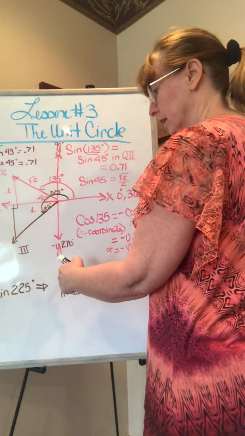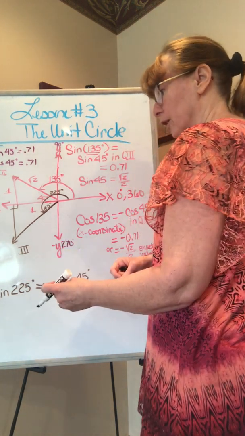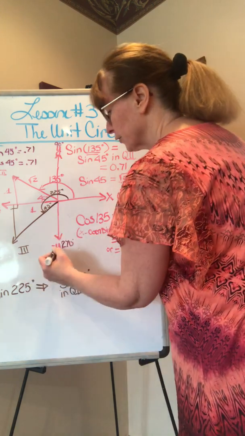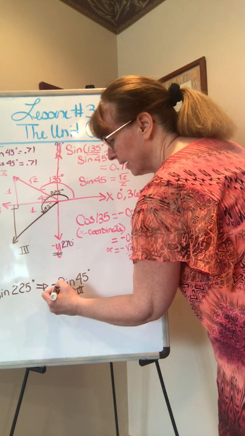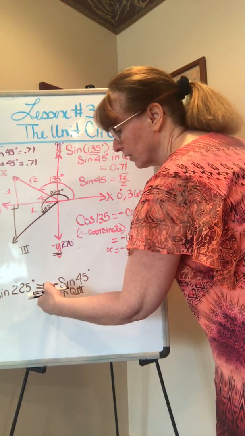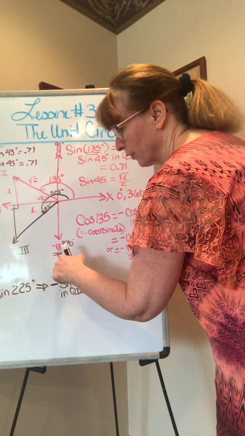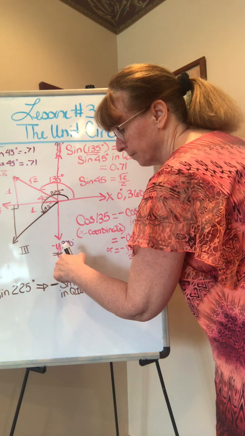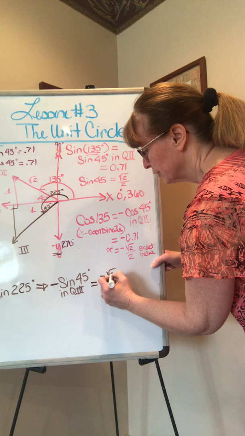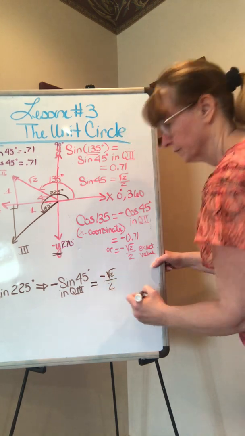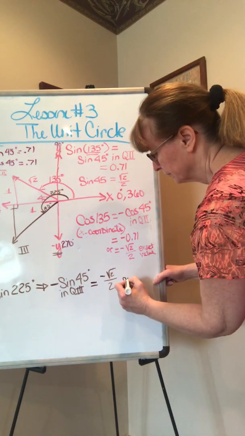Now let's take a look. Sine is the y-coordinate. When I'm in quadrant 3, my y-coordinate is negative. That means my sine of 225 is going to be negative because of the coordinate. So this would be negative rad 2 over 2, or negative 0.71.